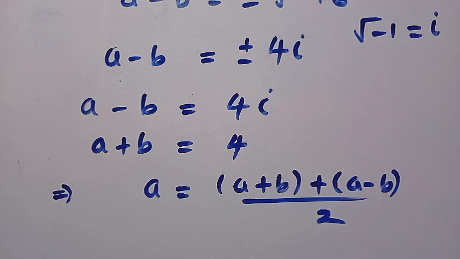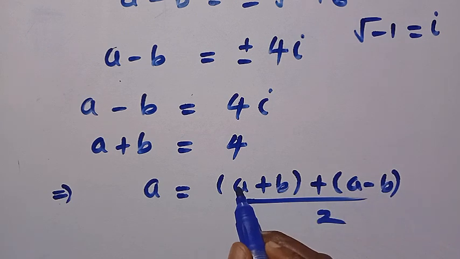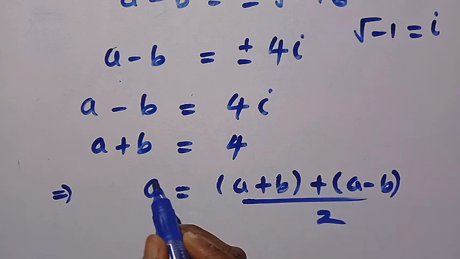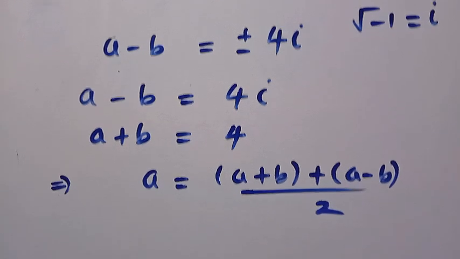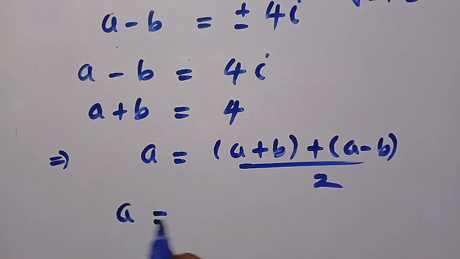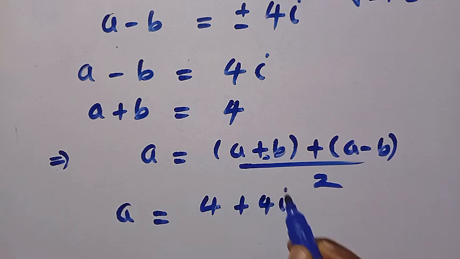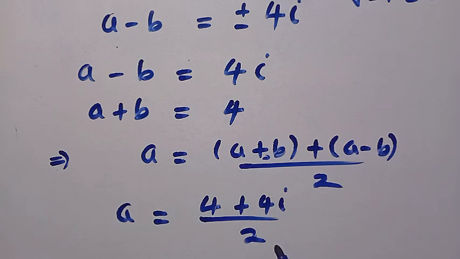This sounds good: plus b minus b cancels, a plus a is 2a, then 2 cancels 2, and we have a. So by replacing a plus b as 4 plus a minus b as 4i, divided by 2, we get the result 2 plus 2i.